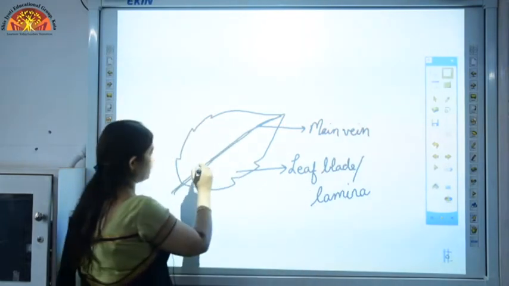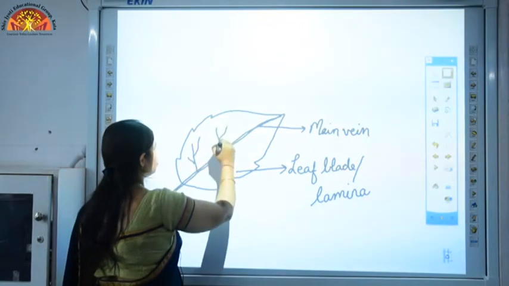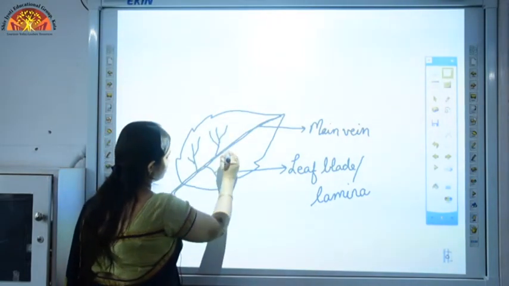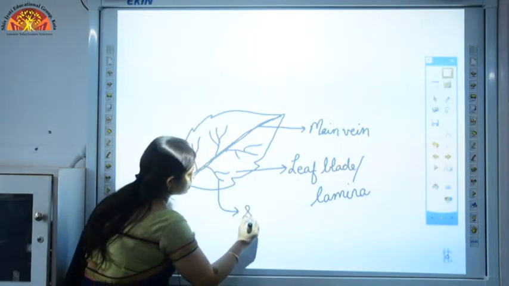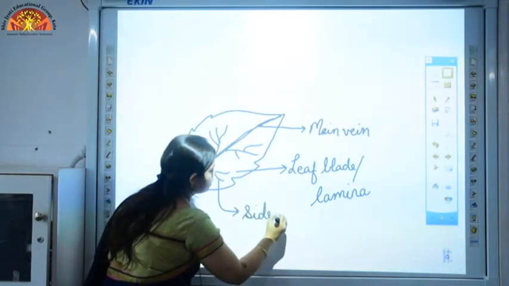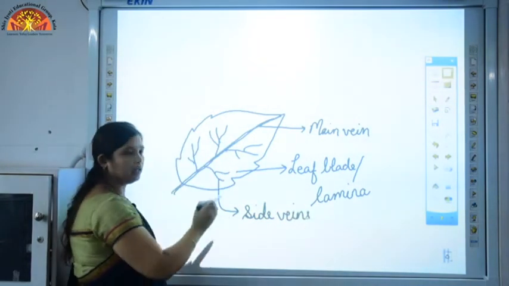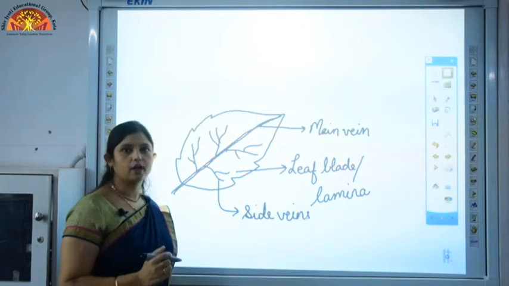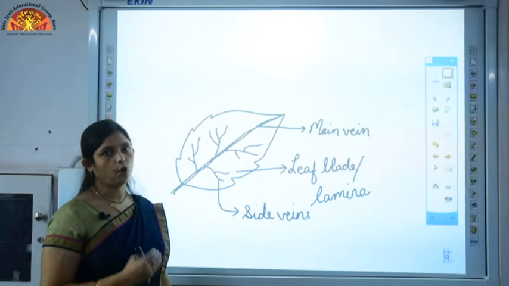Now from this main vein many small tubes arise along the sides of the leaf. You can see here in the picture shown. These side tubes are called side veins. So students, the main vein and side veins help in the transport of water, minerals and food to and from the leaves.